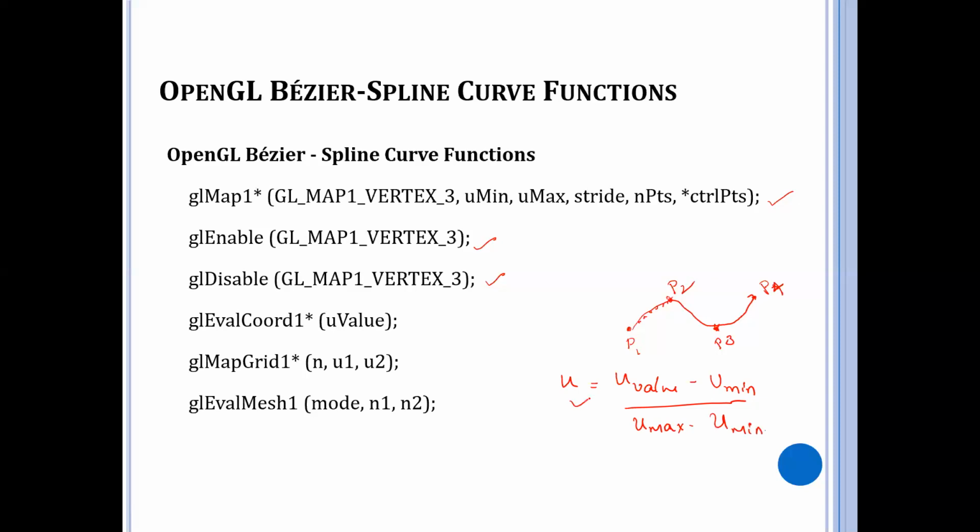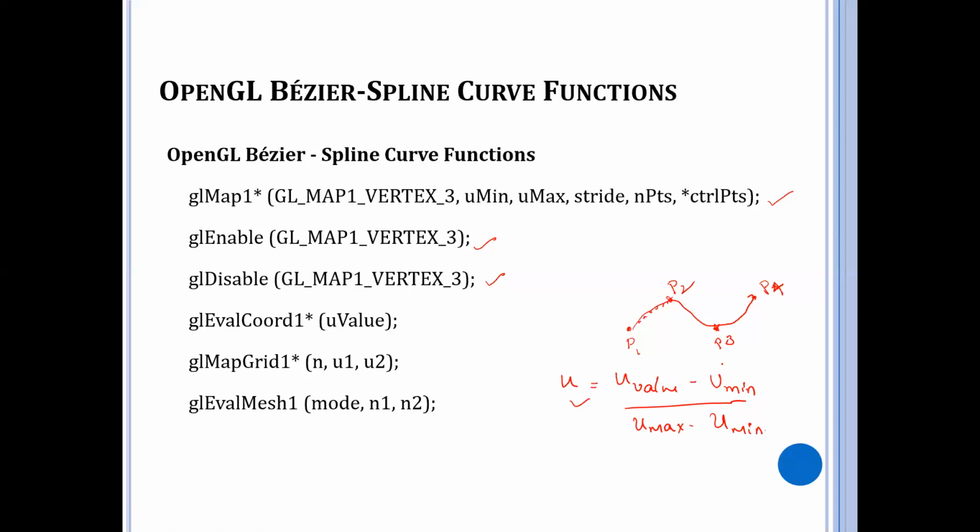So this generates the value of u for us, and this maps the u value to the interval from 0 to 1.0.